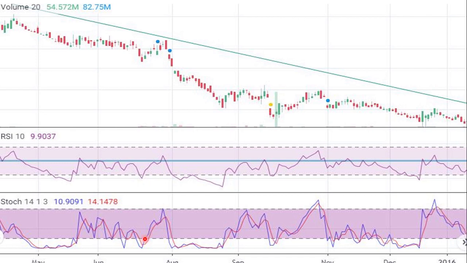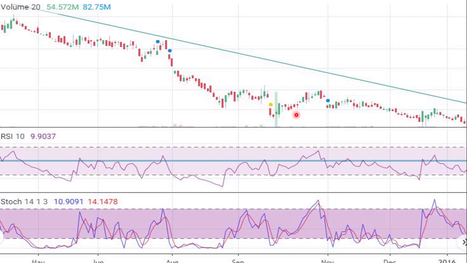Also, in the stochastic indicator, you can see the K line has crossed the D line, and a downward movement has started until here or here. Until here, at this point RSI gives us a buying signal or take profit signal. It tells us, okay, it's time to take your profit.